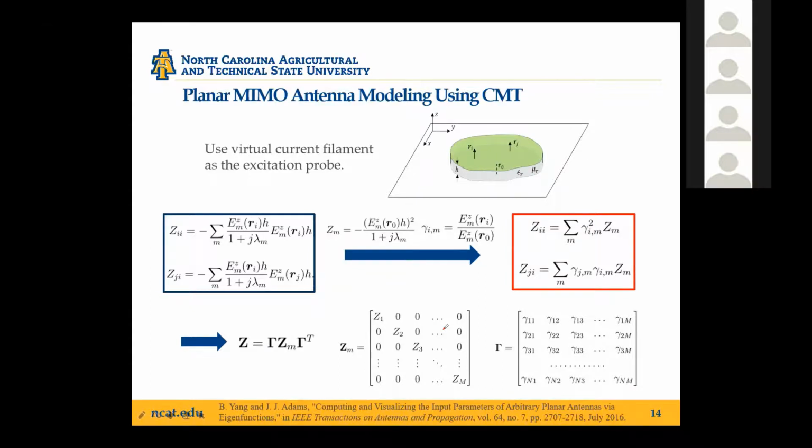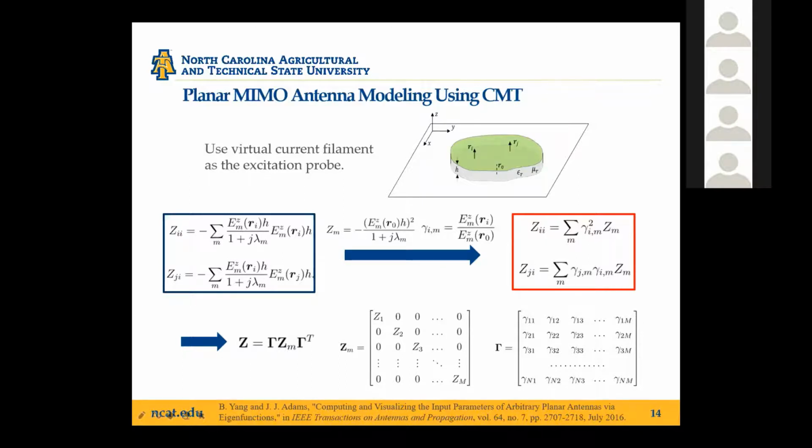So we actually reformulated the input parameters for a patch antenna using the characteristic mode analysis of a patch without any feed. In the formulation, we basically use a current filament to model each individual probe. And I simplified a lot of the math here. If you're interested, you can go to the paper we published earlier and find out the details.